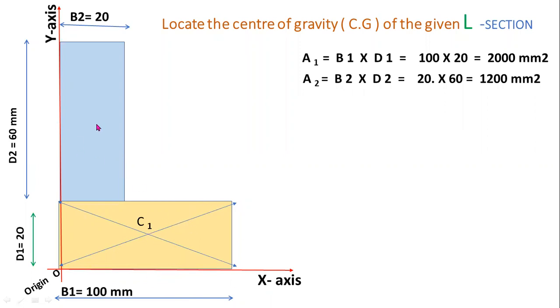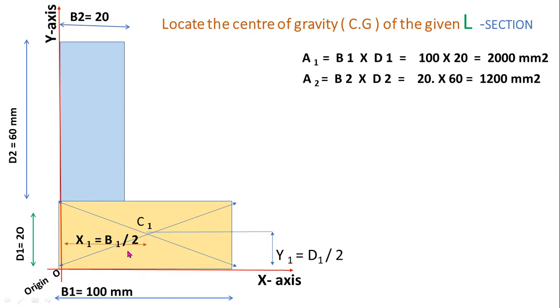Now, in a similar way, you have to locate the centroid of this vertical rectangle. For that purpose, you have to draw diagonal lines. Okay, now x1 equal to base by 2 and y1 equal to depth by 2.